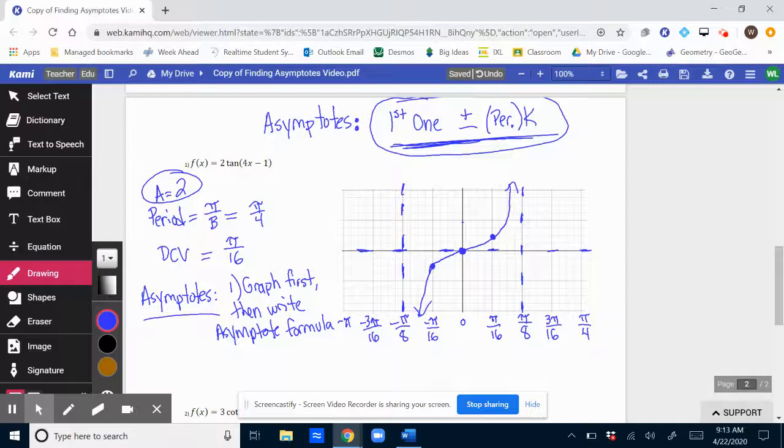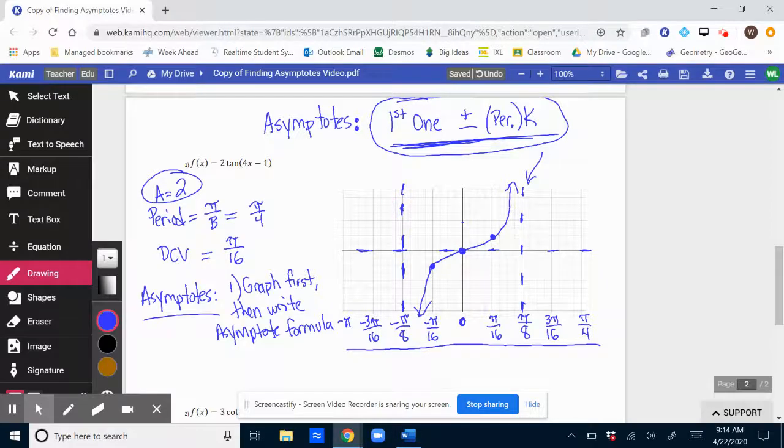Okay, the key is your first asymptote, the first one to the right, or really even to the left, is 2 DCVs away. Okay, that's the key. So you always scale your x-axis by the DCV. So from 0, if I go 2 to the right, there will be an asymptote, and 2 to the left, there's an asymptote.